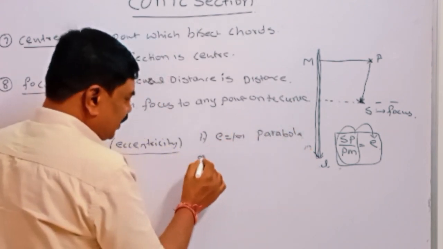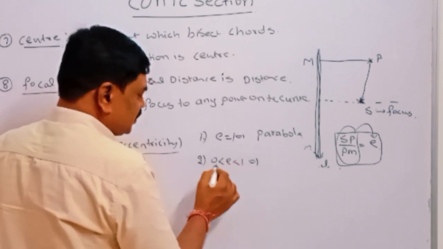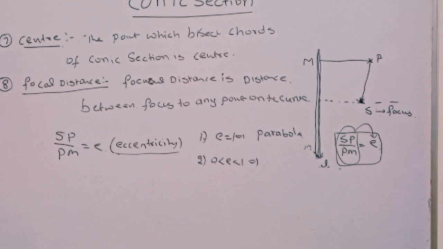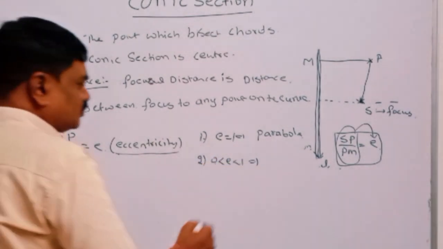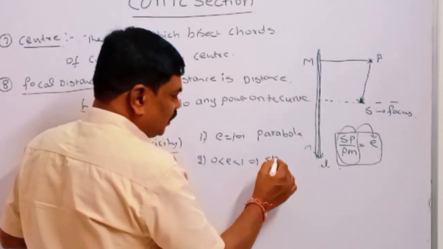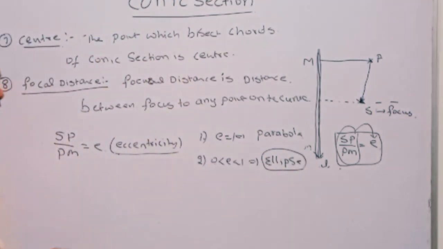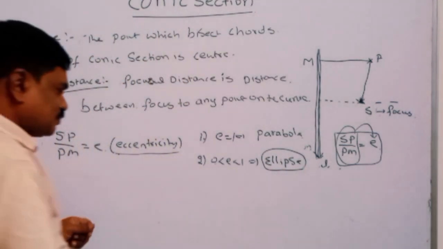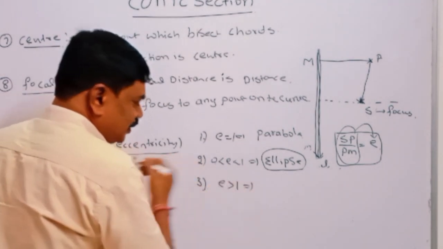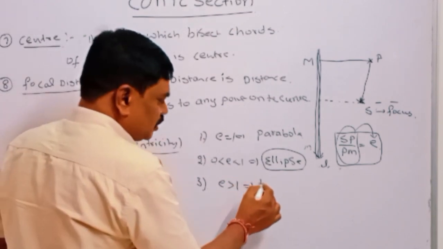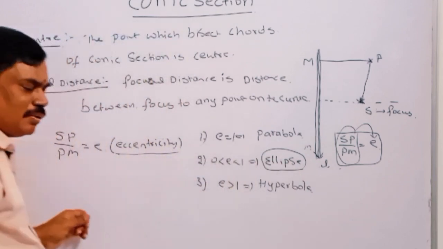Okay, all of you. Second one, if this eccentricity lies between 0 and 1, that is 0 less than E less than 1, then that conic section is called an ellipse. Third one, E greater than 1, that conic section is called a hyperbola.